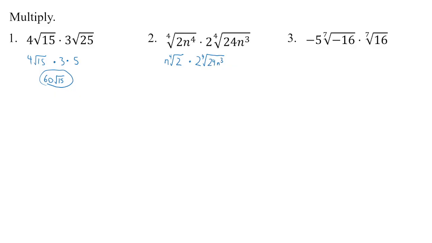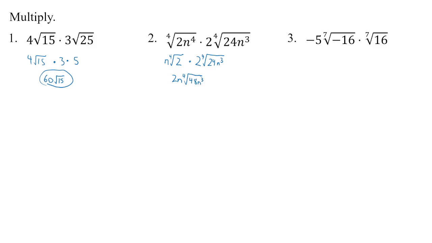And you cannot simplify the fourth root of 24, so what we're going to do is multiply our coefficients, which is 2n, and multiply your radicands. That would be 48n cubed.